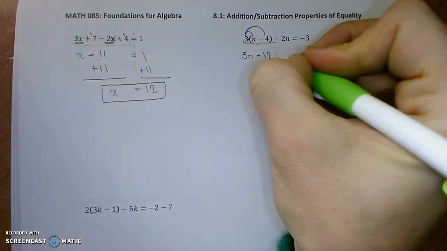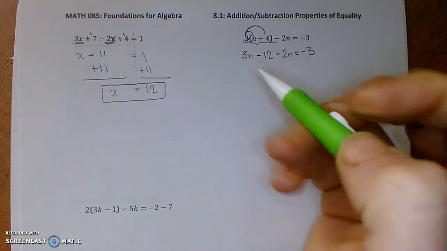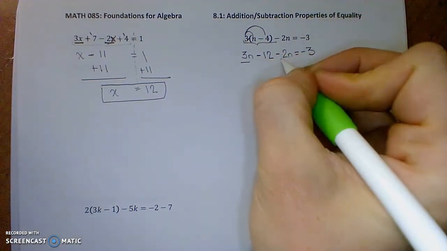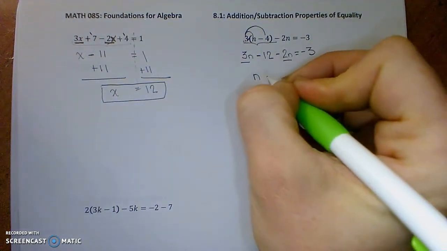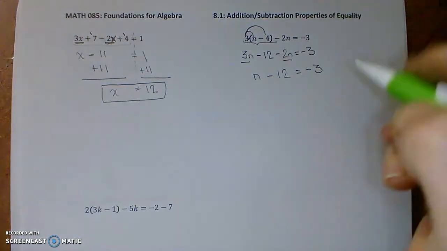Let me write the rest. Minus 2n equals negative 3. All right, now I'll see if there's any terms that are like that I can combine. Got 3n minus 2n, which is 1n, and then minus 12 equals negative 3.